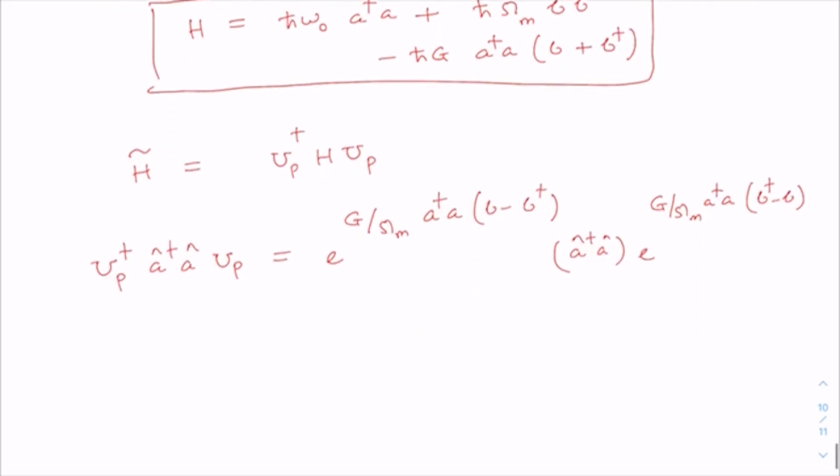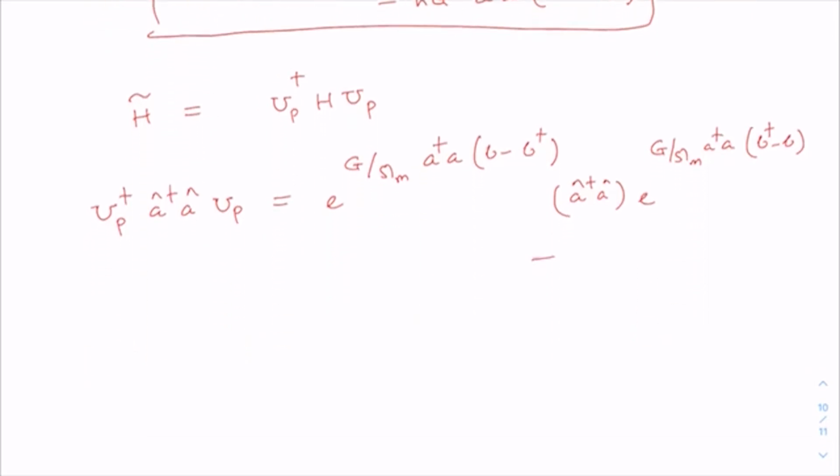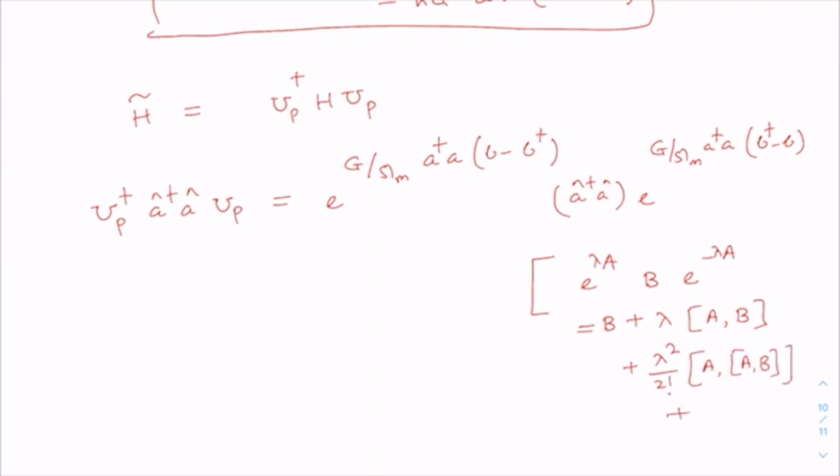Alright, so to work it out, let us recall the Baker-Hausdorff formula: e to the power A B e to the power minus A, which equals B plus λ[A,B] plus λ² over 2 factorial [A,[A,B]], and so on.